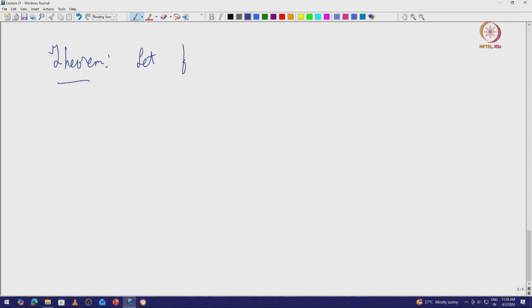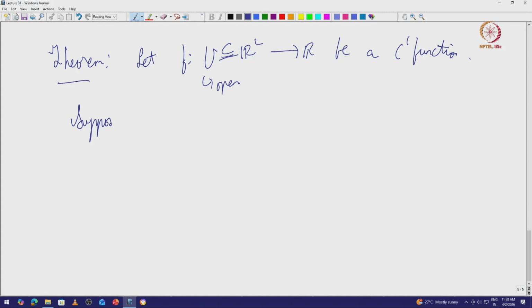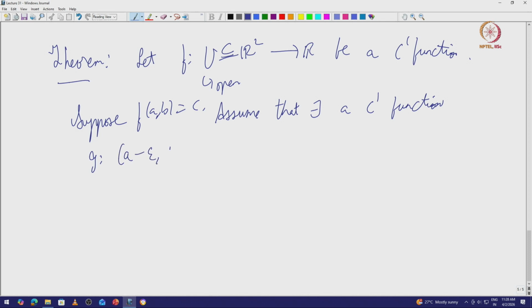Let f. So, suppose you manage to actually solve for y in terms of x via a C1 function.